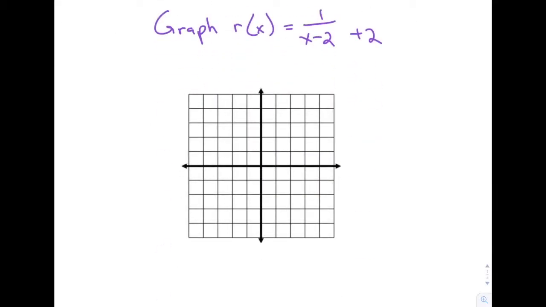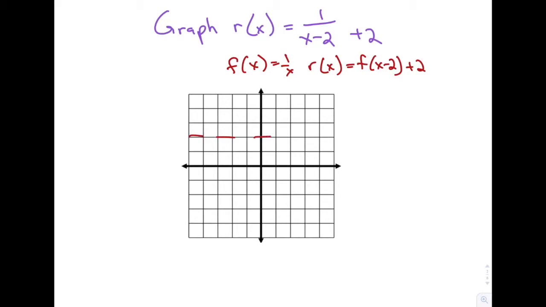So first, let's just graph this rational function. We know that this starts out as just 1 over x, right? That's the base function. If we say that f of x is 1 over x, r of x equals f of x minus 2 plus 2, which would tell us that r is the base function 1 over x shifted over 2 units to the right and up 2 units.